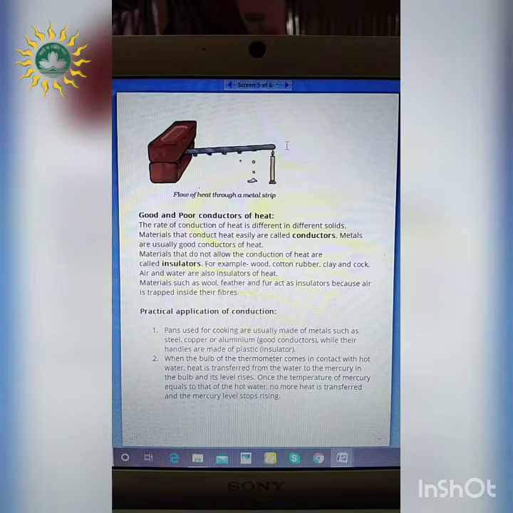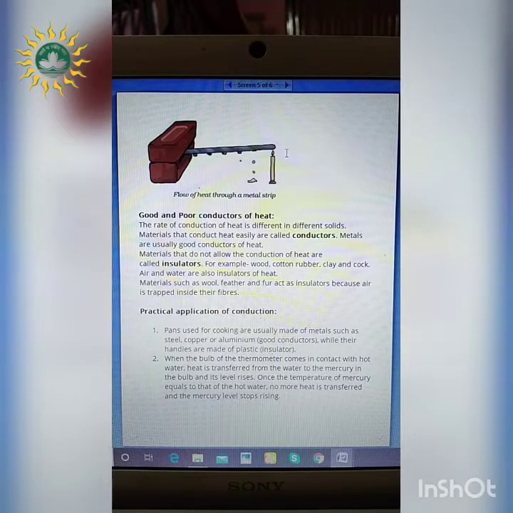So we all know that molecules are present, right? So molecules over here in this metal strip will get heated first. The molecules in solids are very closely arranged. So these heated molecules will transfer the heat easily to the next part of the metal strip, and one by one, the flow of heat will occur through this and the whole metal strip will get heated.